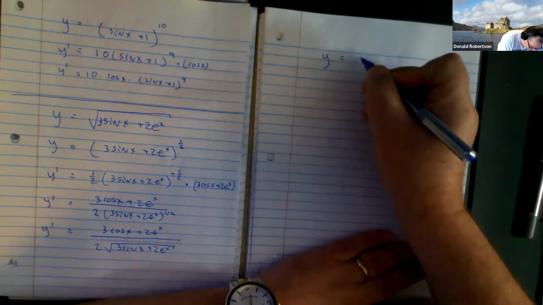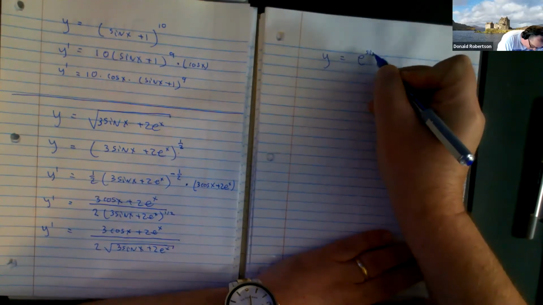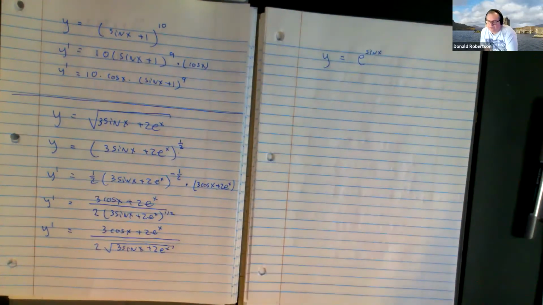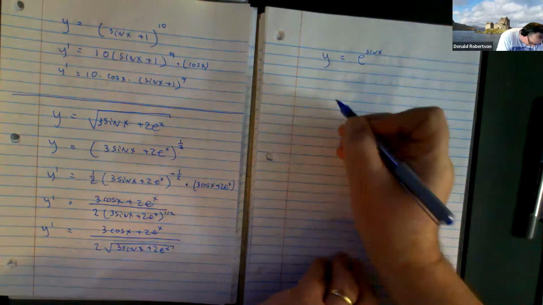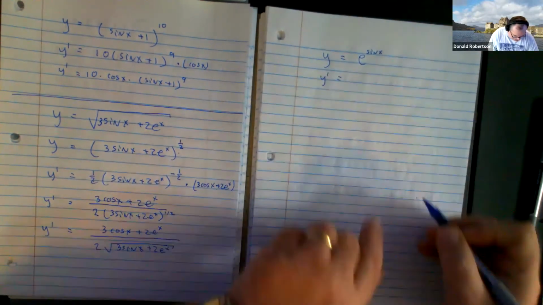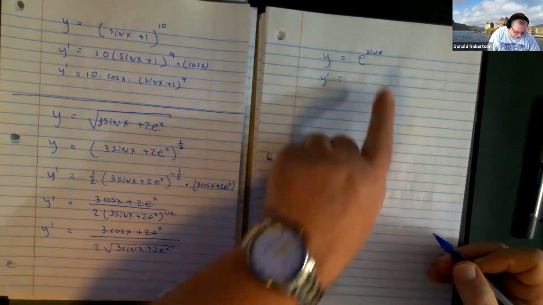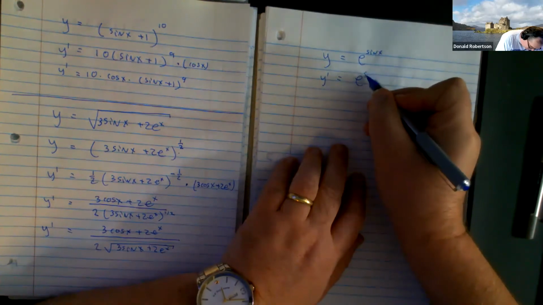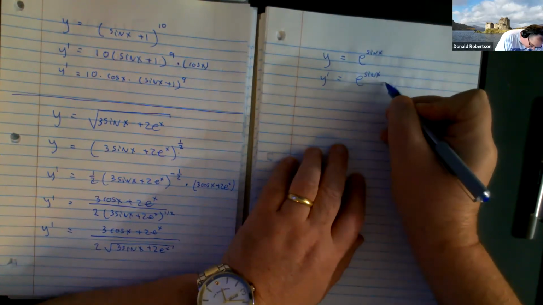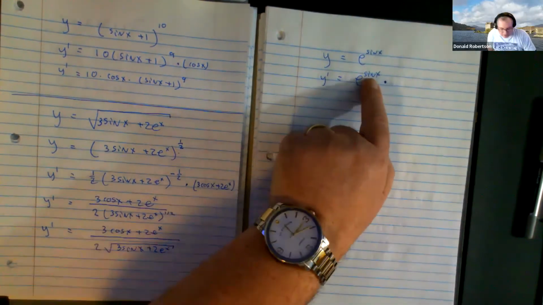Now, they don't always need to be somethings to the powers. Here's one where the chain rule works. E to the power of sine x. If you want to do the chain rule on that, it's e to the something. So if you differentiate e to the something, you get e to the something times.